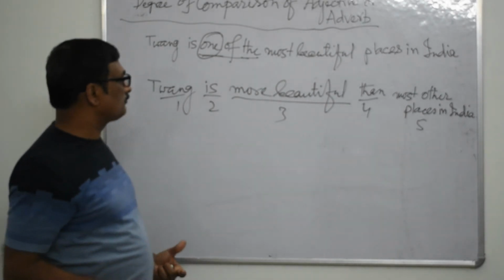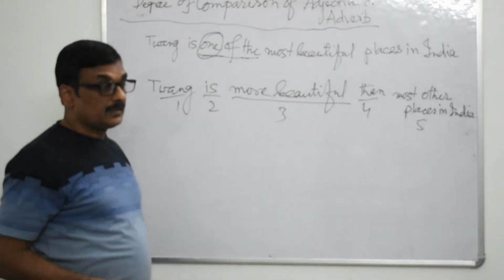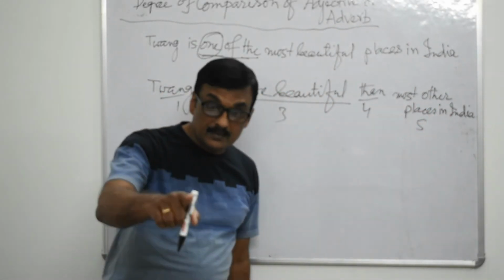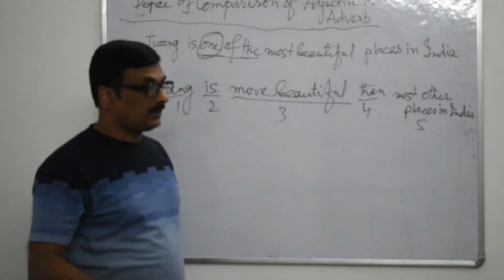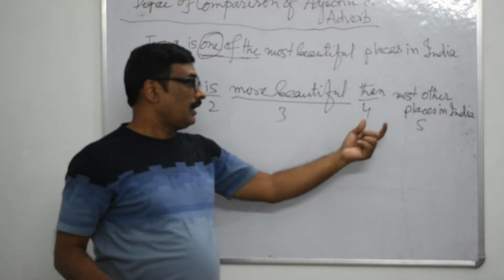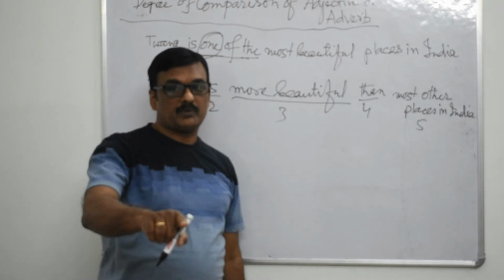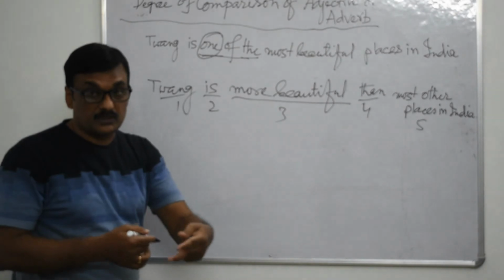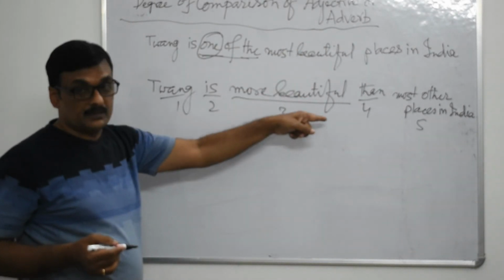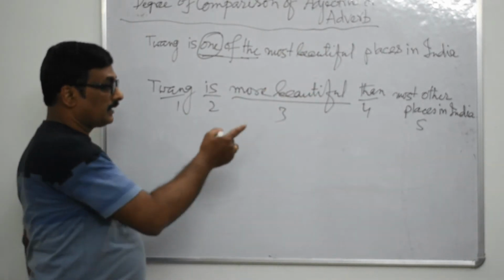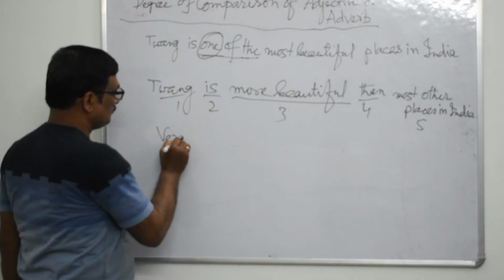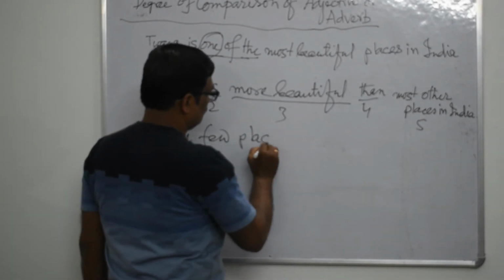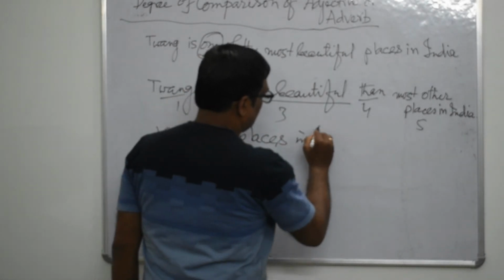What is the positive degree of this sentence? If there is one of the in superlative degree and most other in comparative degree, then the positive degree, which is just contrary or opposite to these two forms of degree, starts with very few places in India.